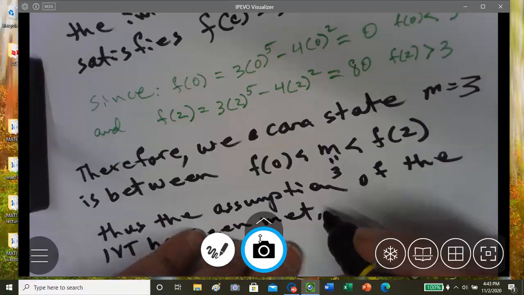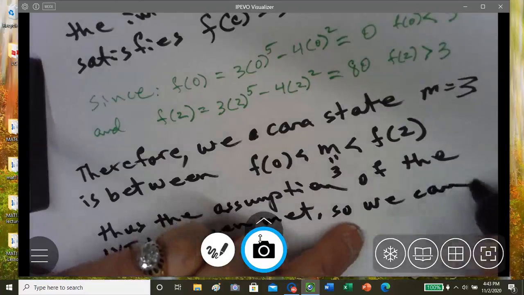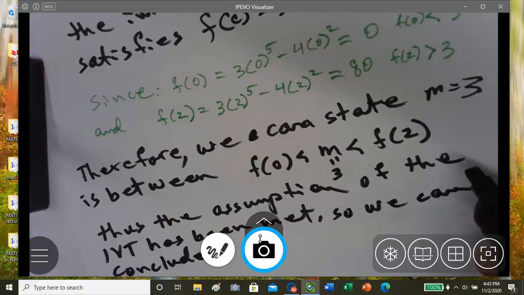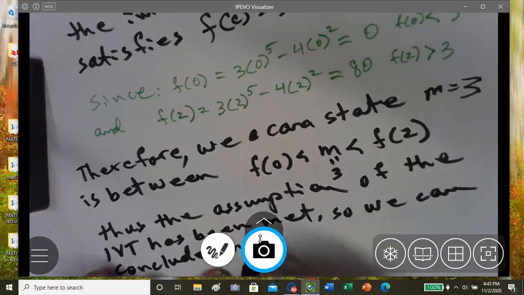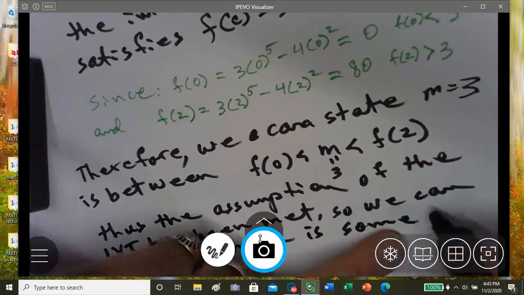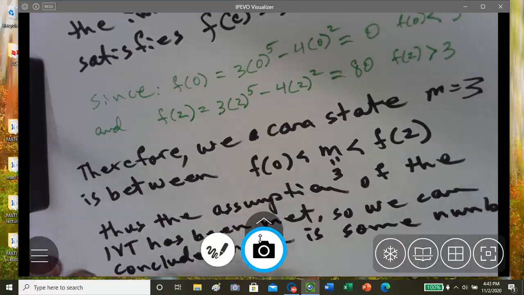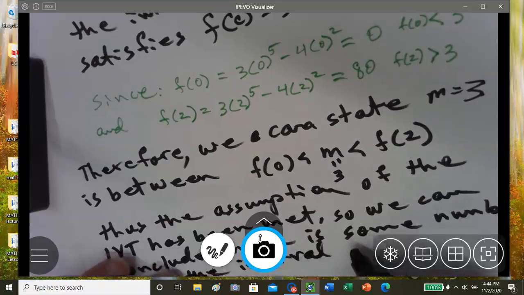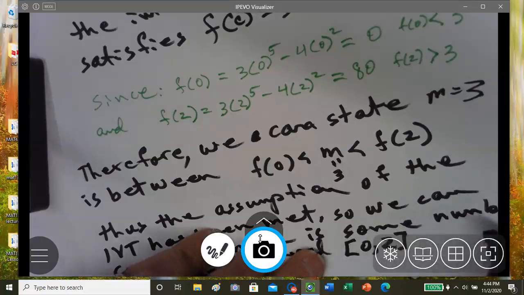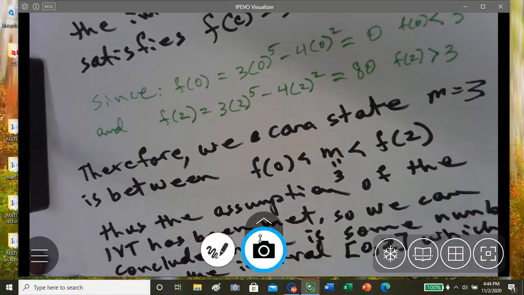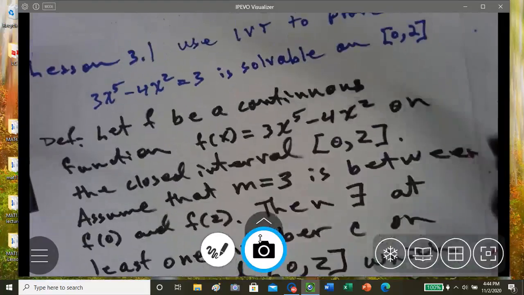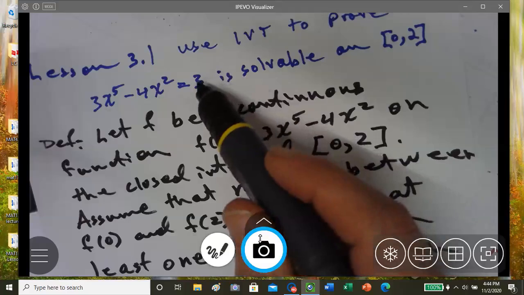So we can conclude that there is some number c on the closed interval from 0 to 2 which satisfies f(c) equals m, where f(c) is 3x to the fifth minus 4x squared, and m is 3.